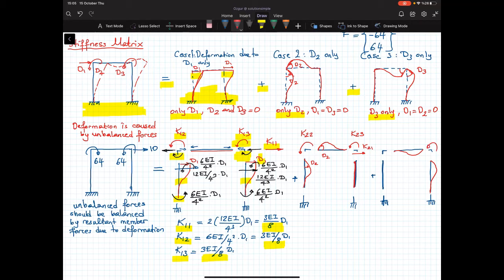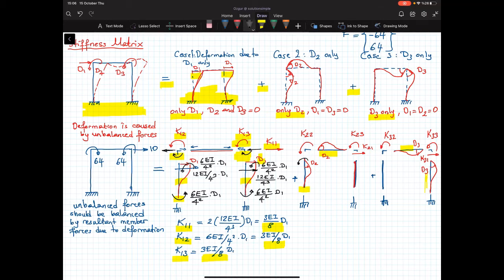I have to apply K33 to create a rotation that's equal to D3. Then K32 here and K31 here. All I need to do right now is take a look at these members, and for the deformed shapes that I drew here, I have to calculate the end forces.